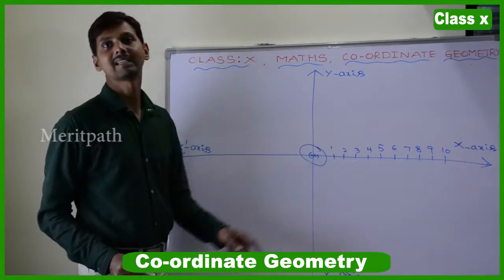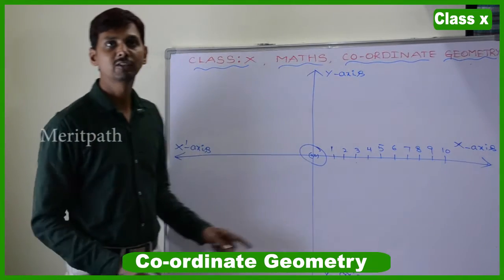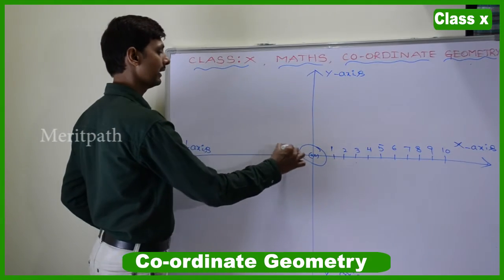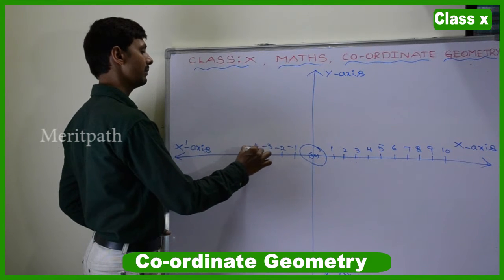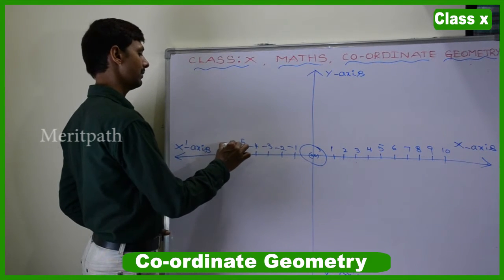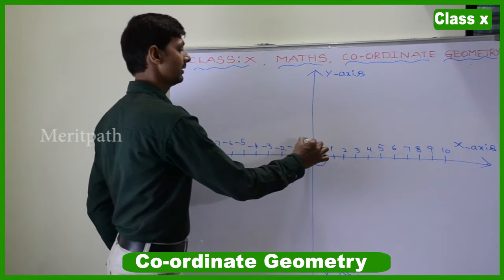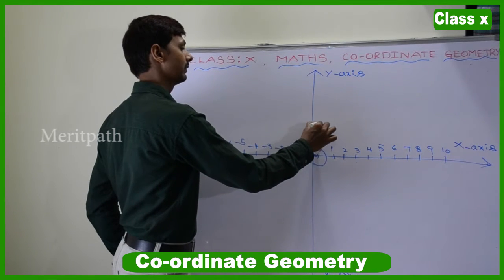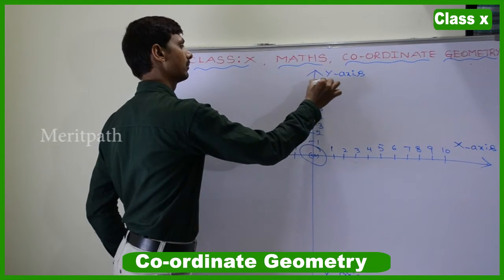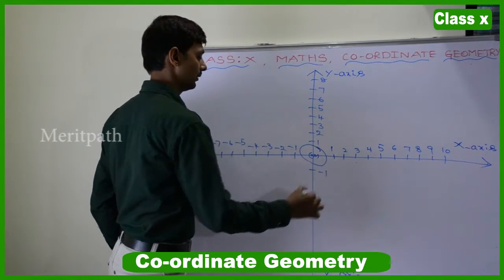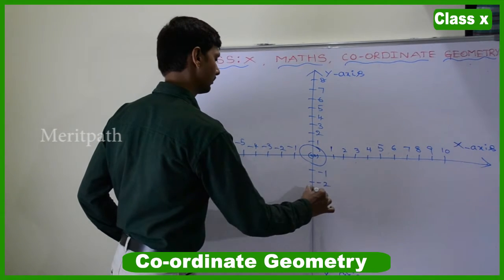The positive of the x-axis is here, and going back, the negative of the x-axis has minus 1, minus 2, minus 3, minus 4, minus 5, minus 6, minus 7, minus 8, and so on. Here is the positive of the y-axis, and coming down, this is the negative of the y-axis.